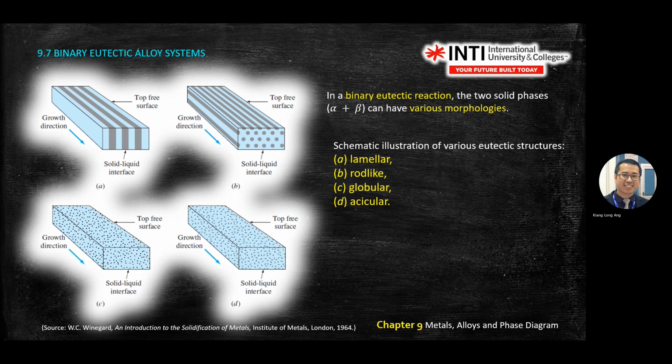Rod is like a steel bar. You grow like a steel bar, and there's a mixture of liquid and solid here. Globular means it's like a small dot inside that particular section. Acicular is like a pin, lots of pins inside.